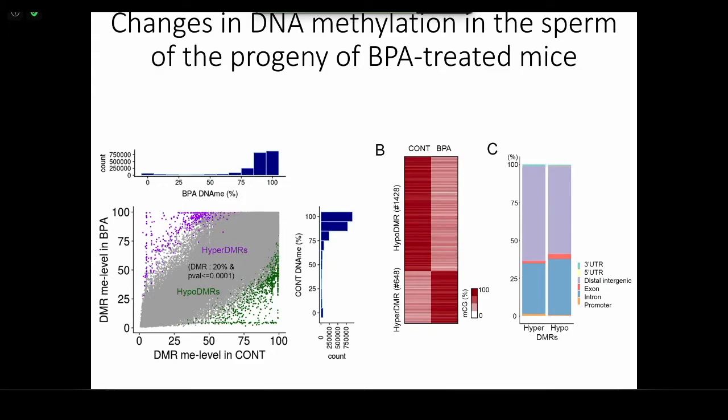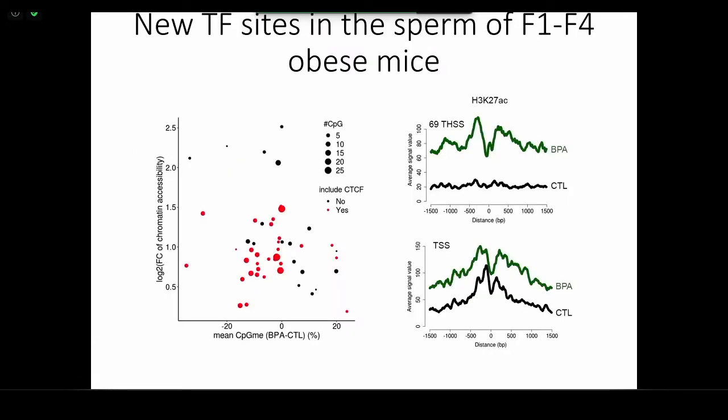However, most of them don't overlap with ATAC-seq sites. So this is something that is sort of puzzling, but it would suggest that these DMRs are not affecting the binding of proteins to DNA. However, when we look at these 69 sites that I told you are conserved, this is the increase in ATAC signal from F1 to F4, and this is the change in DNA methylation.